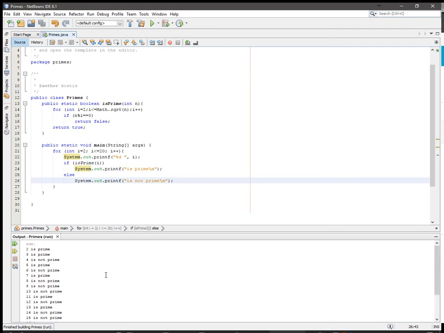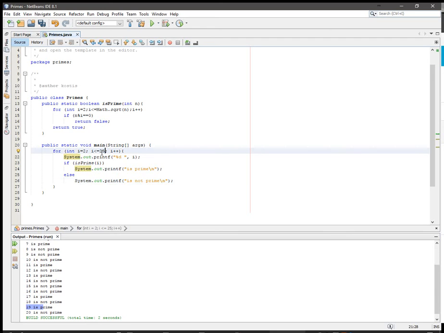So let's begin. 2 is prime, 3 is prime, 4 is not a prime, 5, 6, 7 is prime, 8, 9 is not a prime, yes, 10, 11 is indeed prime, and 13. So 14, 15, 16 are not, 17 is, 19 is, let's see, up to 25.